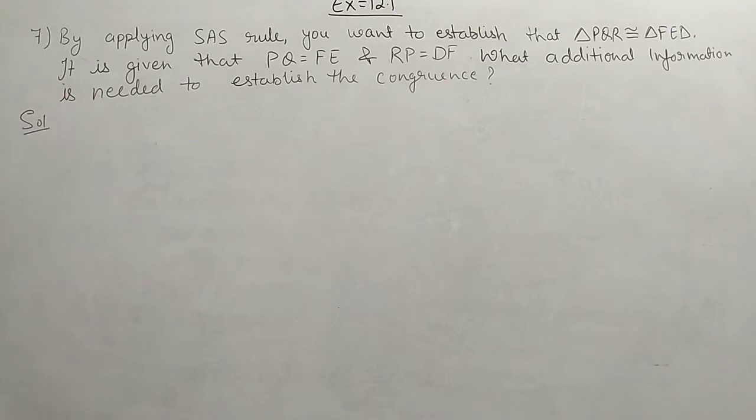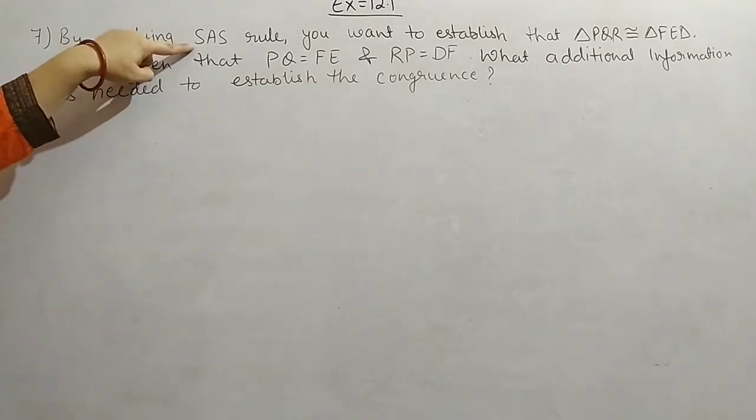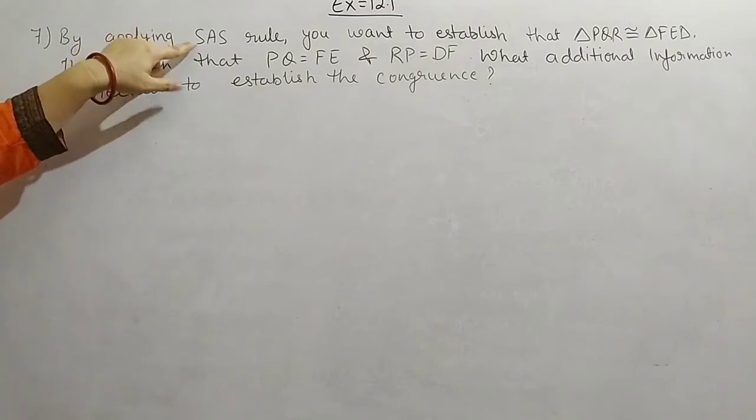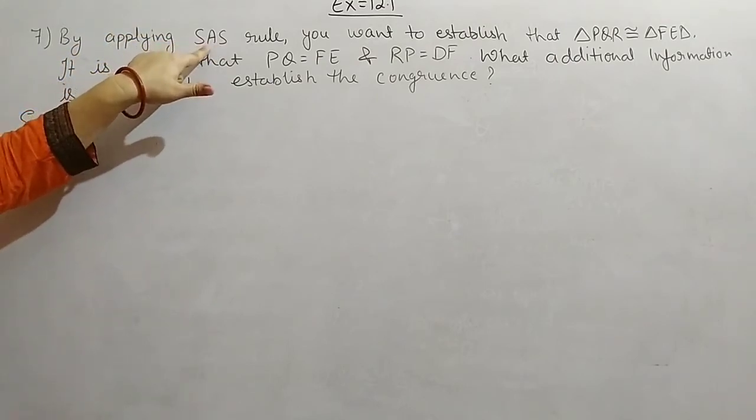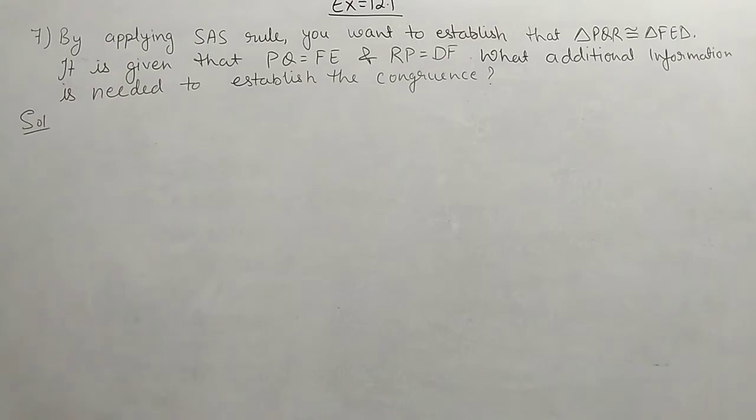Next, question number 7. By applying SAS rule, you want to establish that triangle PQR is congruent to triangle FED. It is given that PQ is equal to FE and RP is equal to DF. What additional information is needed to establish the congruency? So here they have already given the SAS rule, which means we are comparing two sides and the included angle. So first we will draw a rough figure.